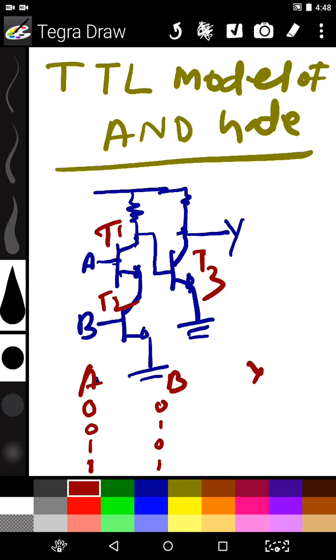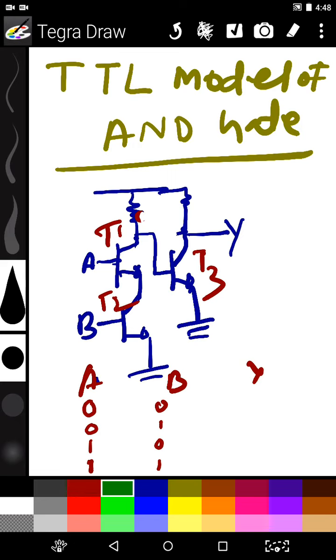Off condition means the output from the first stage is high, meaning a high voltage is input to T3. The output from the first stage is given as an input to the T3 transistor, which will act as grounded.